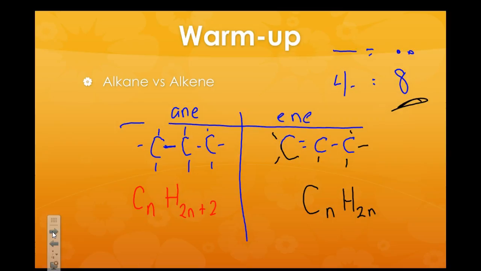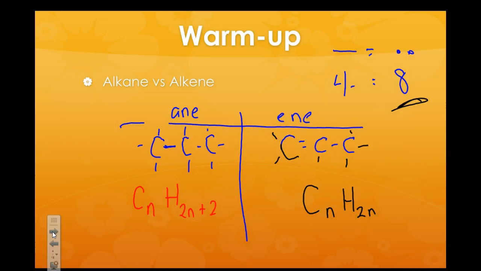Do you remember how to name these? Your yellow booklet, page 4, gives you your organic prefixes. The first 4 are different than the molecular compound prefixes that you have used previously. How many carbons are there? 3. The prefix for 3 is prop.